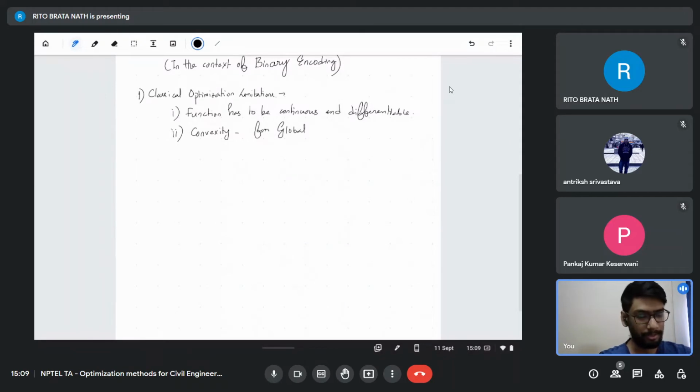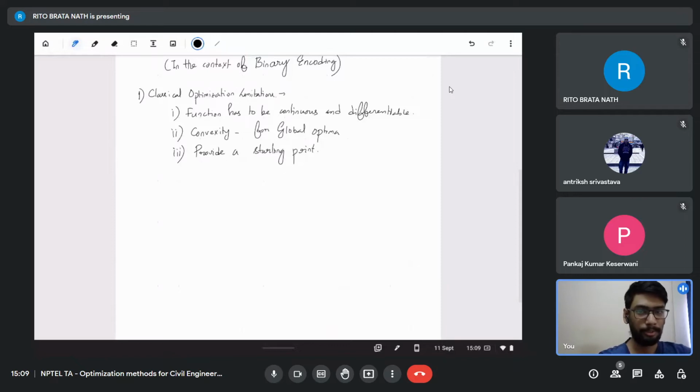Then convexity is required in order to find the global optima. And the third one is that you need to provide a starting point. Based on that, if your function is not convex, you might end up at some local optima and you may not get to the global optima, but that's not our goal. We need to get to the global optima.